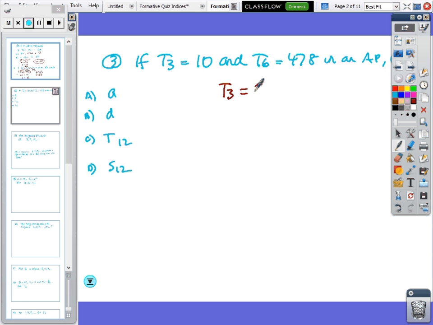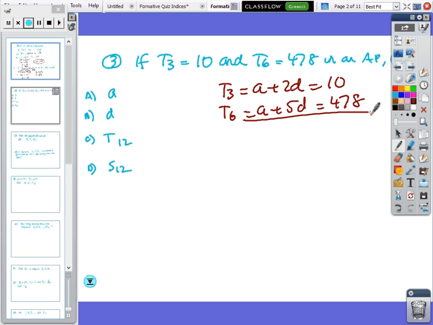Okay, T3 equals A plus 2D equals 10, T6 equals A plus 5D equals 4. Subtract, so 3D equals 468, so D equals 156.